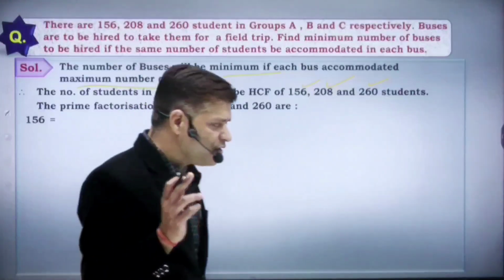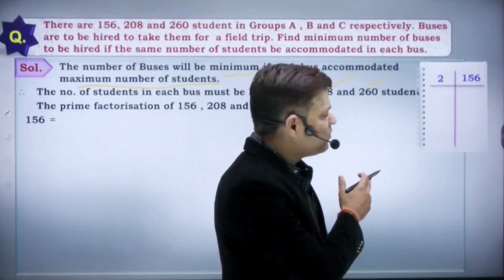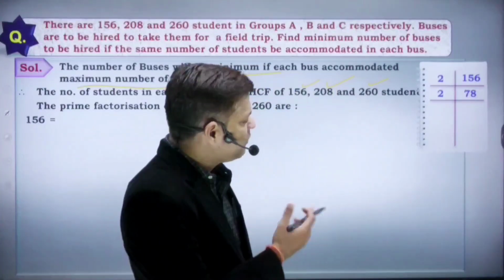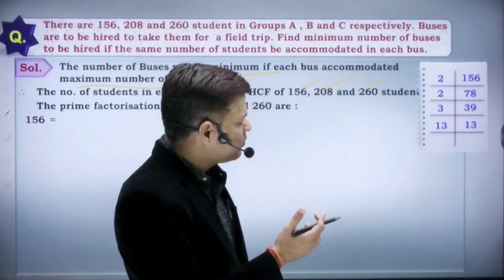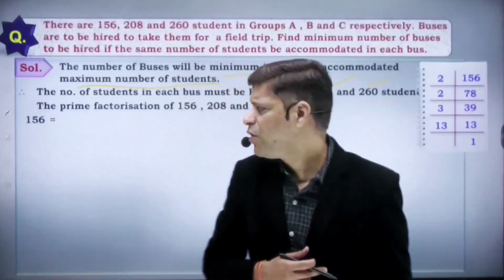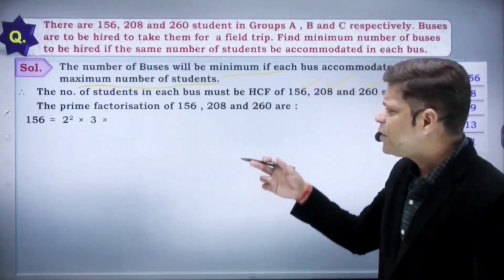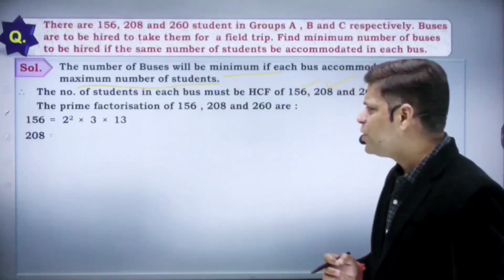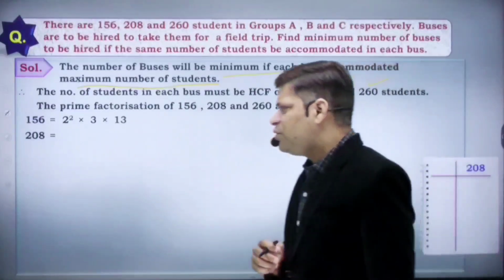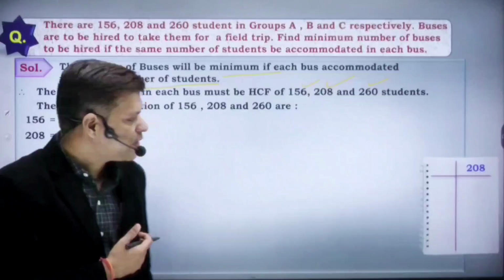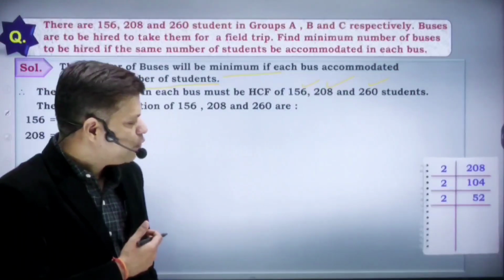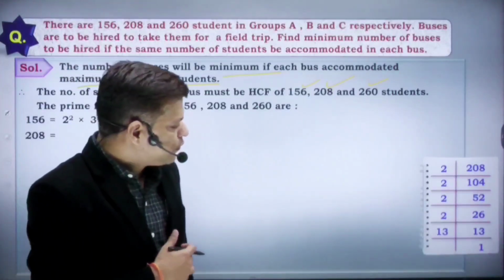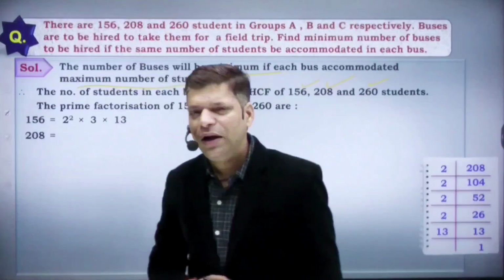First, 156: it is divided by 2, then by 2, then by 3, then 13. So the prime factorization of 156 is 2 square into 3 into 13. In the similar way, the prime factorization of 208 is 2 four times and 13 one time, right?